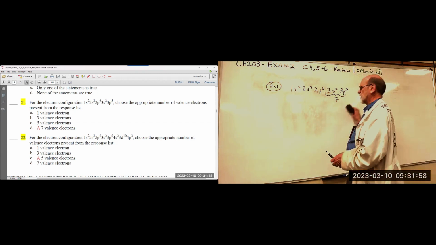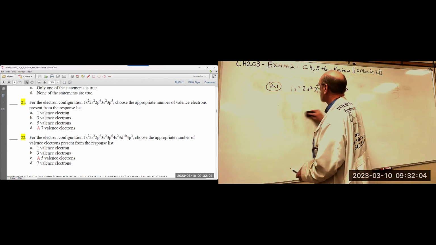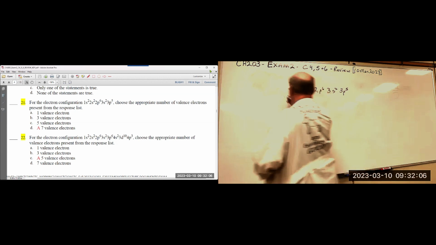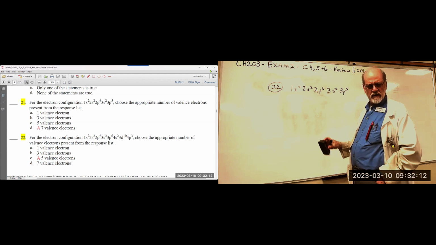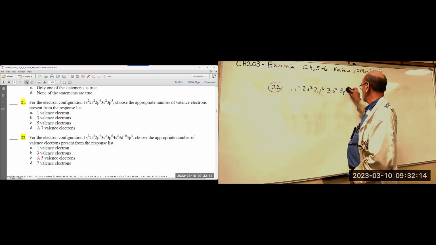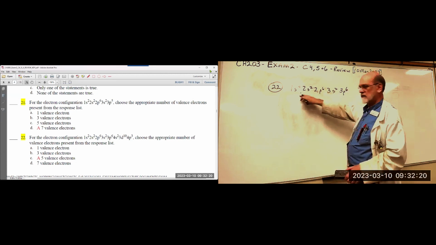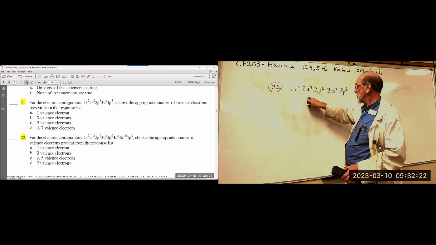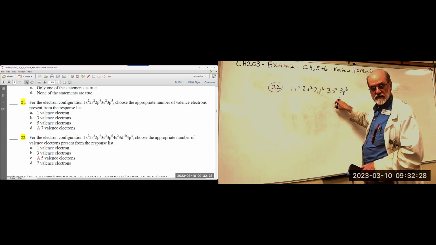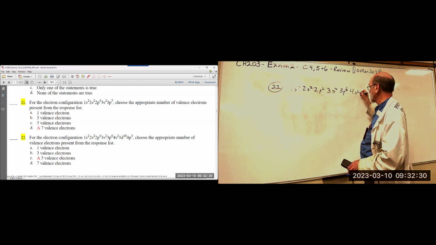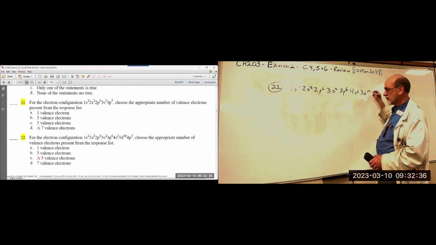That was easy. Let's see, we got another configuration. I'm going to leave those there so I don't have to write them again. Now we're going to go on out to 3p6. See, there, 3s2, 3p6, 4s2, 3d10, and 4p3.